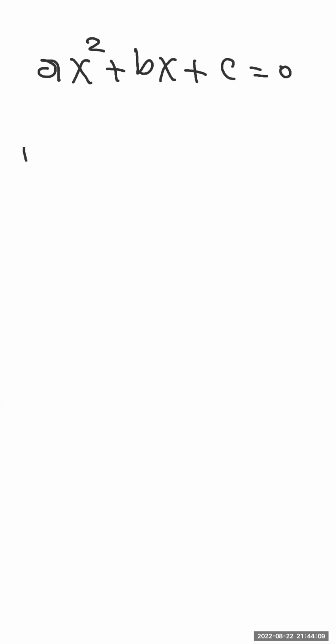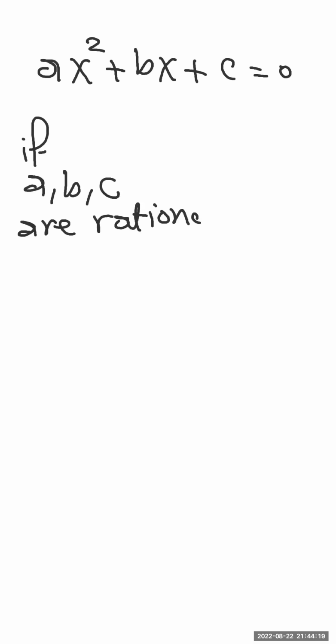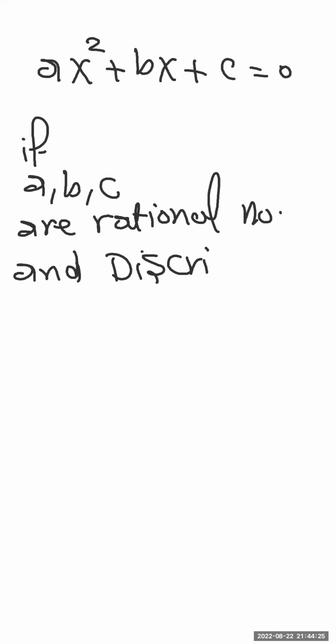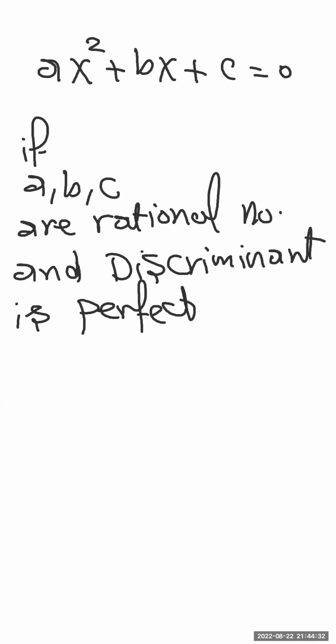Okay, the next point. We said that the quadratic equation has the form ax squared plus bx plus c equals 0. Now, if the coefficients a, b and c are rational numbers and the discriminant is a perfect square, perfect square meaning a number which we can write in the form of a number to the power 2, or a number which has a square root, in other words.